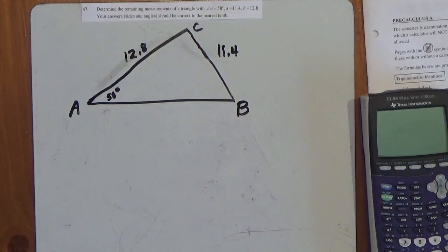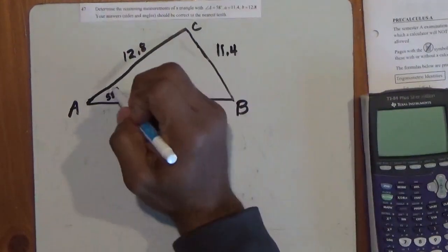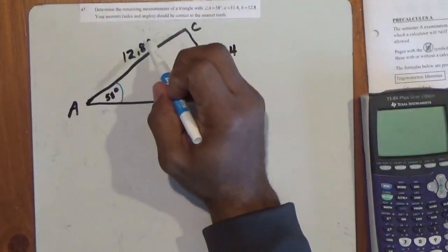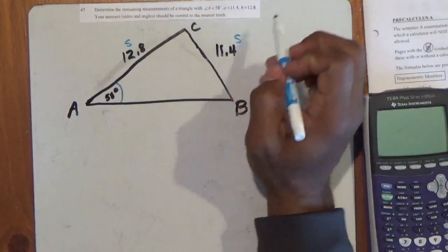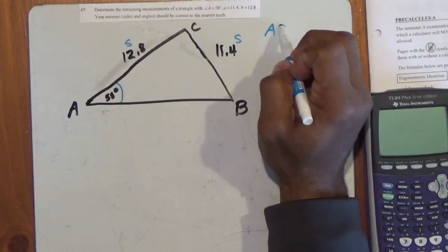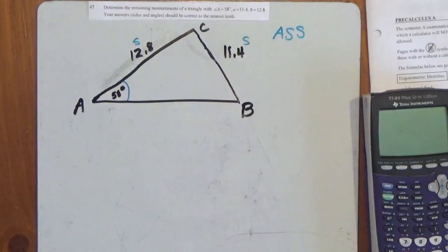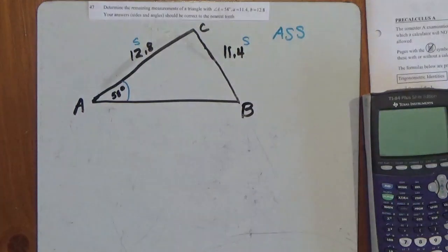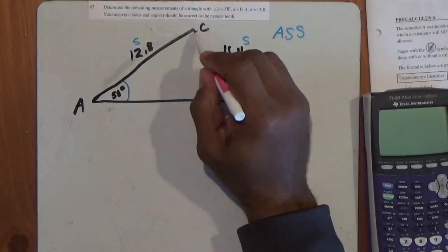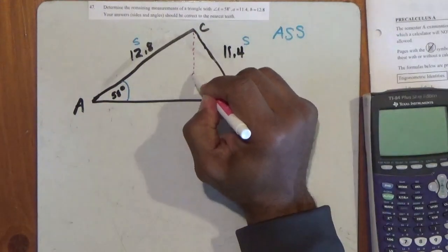What we see right away is that we have angle, side again. When we have angle side, we're not sure if we have a triangle or not. We need to figure out whether or not we have a triangle. So the first thing we need to do is find the height.